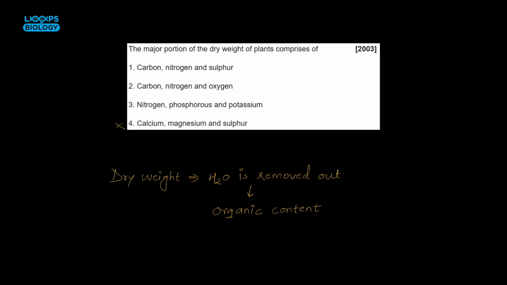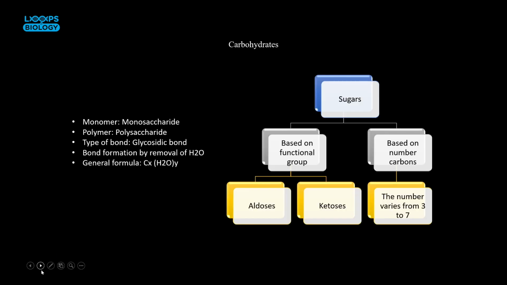So options 4 and 3 are wrong. Next, if I'm talking about carbon, alongside there should be a presence of oxygen as well. The oxygen is still present with the carbon atom. So whenever I see the oxygen-carbon combo, that will be my correct answer. So option 2 will be the correct option for this particular question.